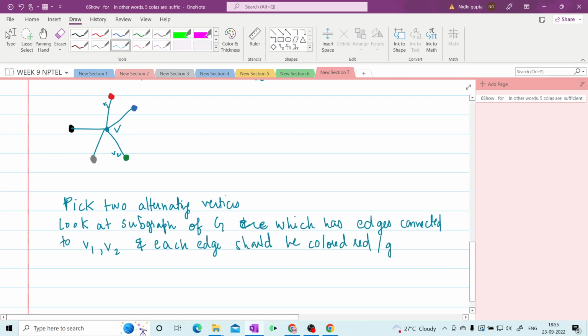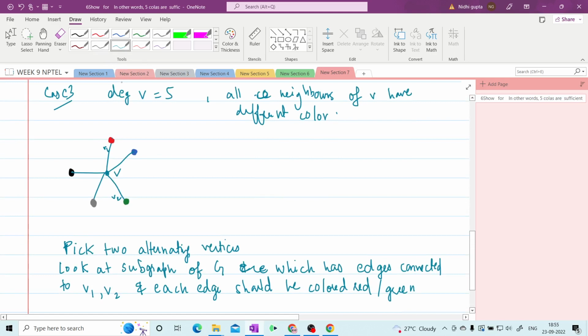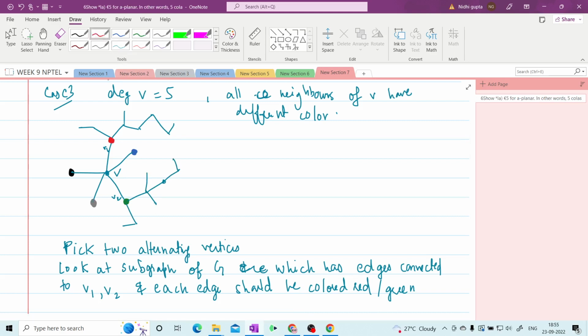So we are considering a subgraph of this: we are looking at the edges coming out from red and green vertices, and they should have color red or green. Suppose this is the diagram, and so we have to give a red or green color.